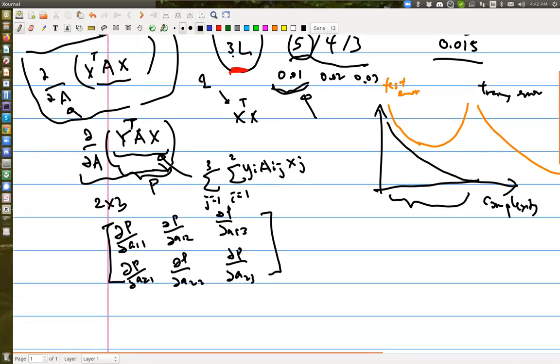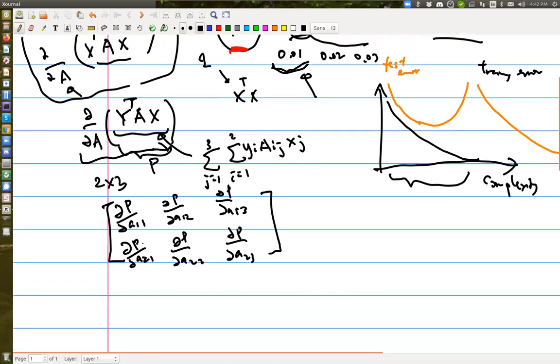I mixed uppercase with lowercase, but it's the same thing here. So then what's that now?